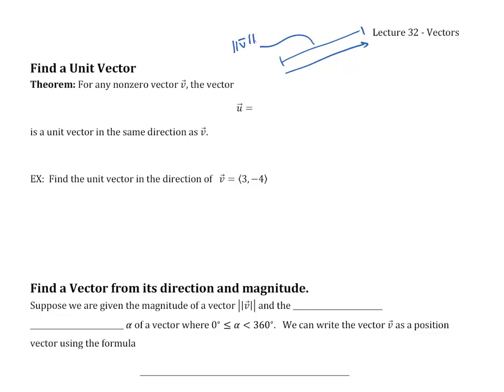So how do we get a vector that goes in the same direction whose length is only 1? We take the long vector and scale it so that its length is now 1. Basically you want to take the length of it and divide it by itself.